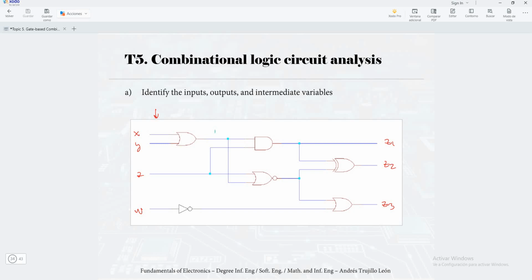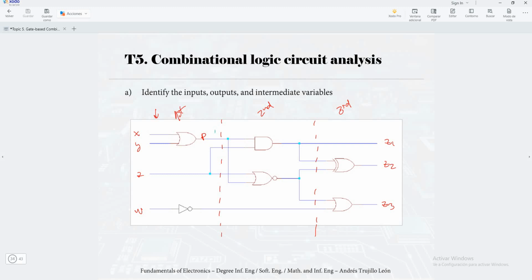So remember, we define a level every time that we connect one gate after the other. So here in this circuit, we have 3 levels. The input level is going to be the first one, the output is the third level, and a second level that is an intermediate level. Here we are going to have intermediate variables. Okay?